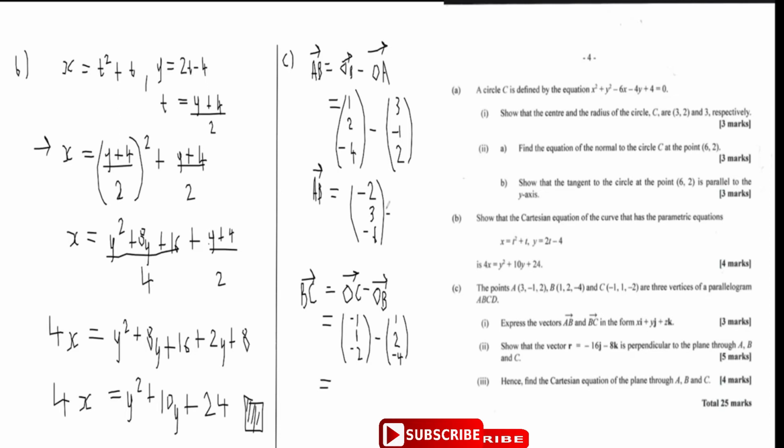So let's go ahead and do this subtraction. Remember they said they want it in ijk form, so I don't want to lose any marks. Let's rewrite vector AB as minus 2i plus 3j minus 6k.